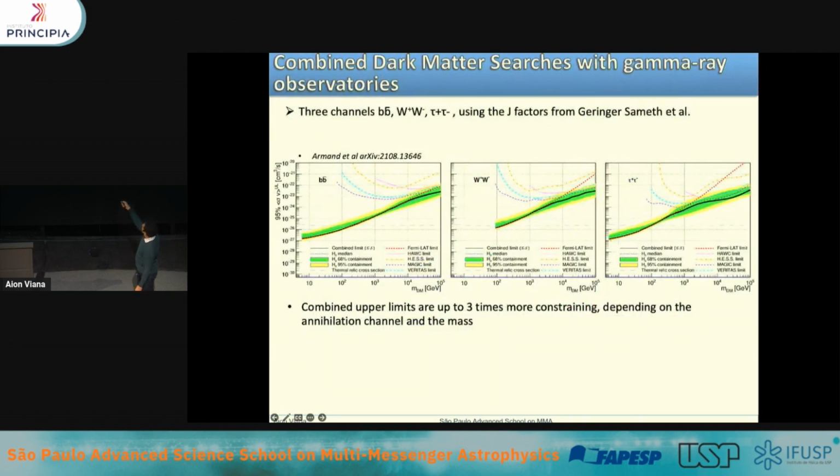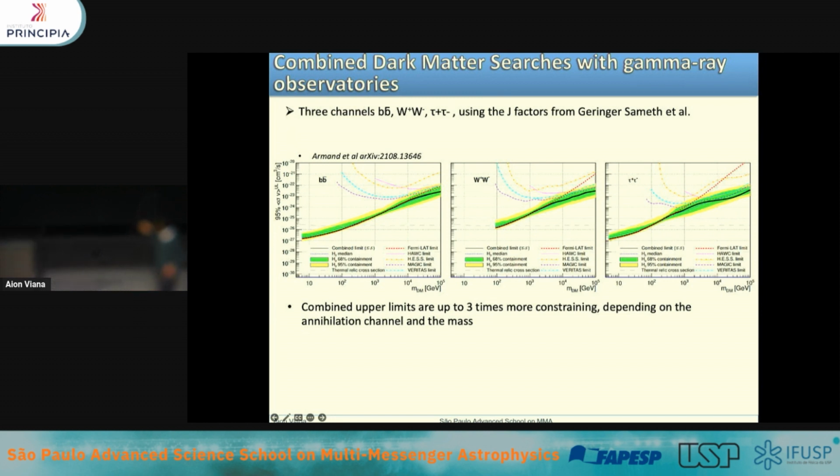Now, for this study, 3 different channels were tested: b b-bar, W plus W minus, and tau plus tau minus, so a quark, a boson and a lepton, and then we use J factors, the measurement of the galaxy's density distribution, from a specific paper. And these are the limits for the 3 channels.